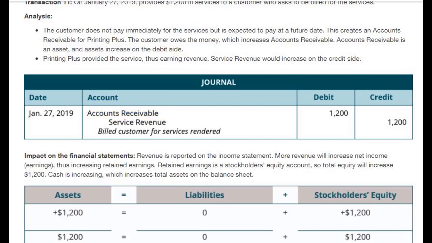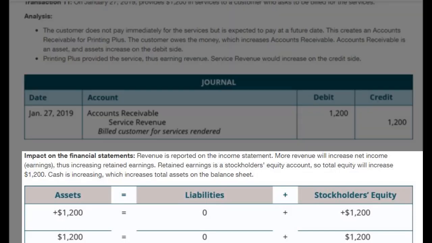It's an asset. So when we do work and a customer promises to pay us, do any assets change? Sure. An asset called receivable increases by $1,200. Have any liabilities changed?